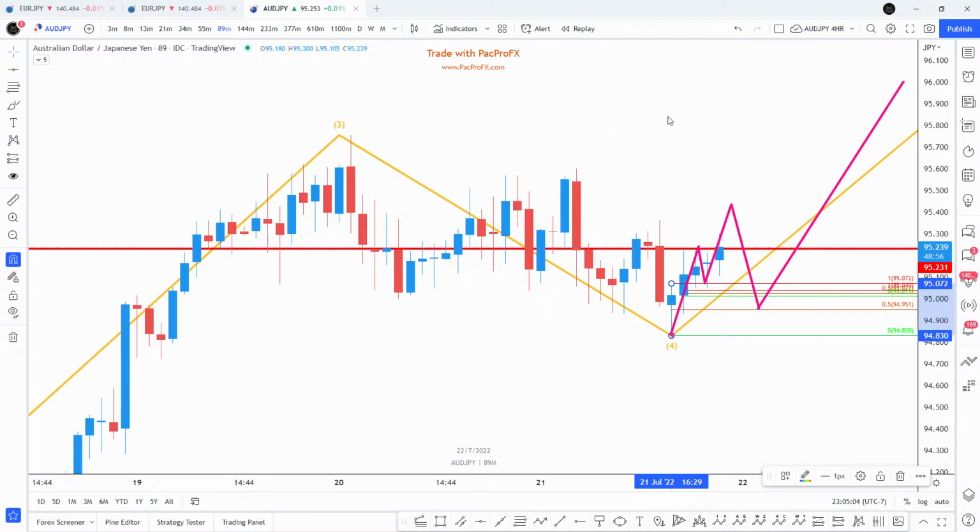Let's go down to a lower time frame and verify this, because sometimes some things are hidden on a lower time frame, but from here it looks like it will go up to 95,435 area.